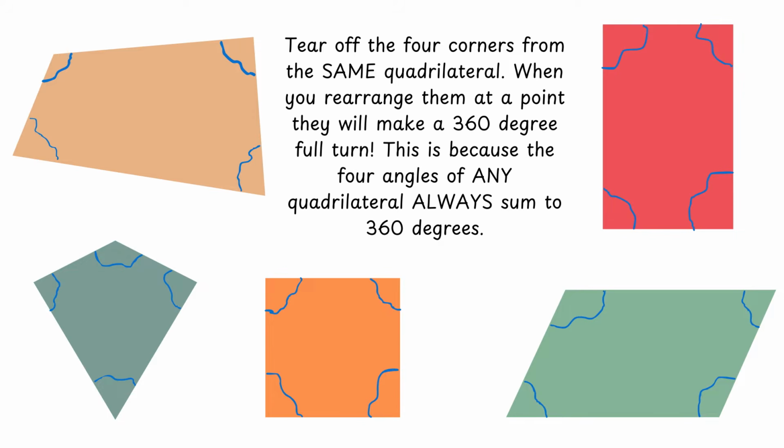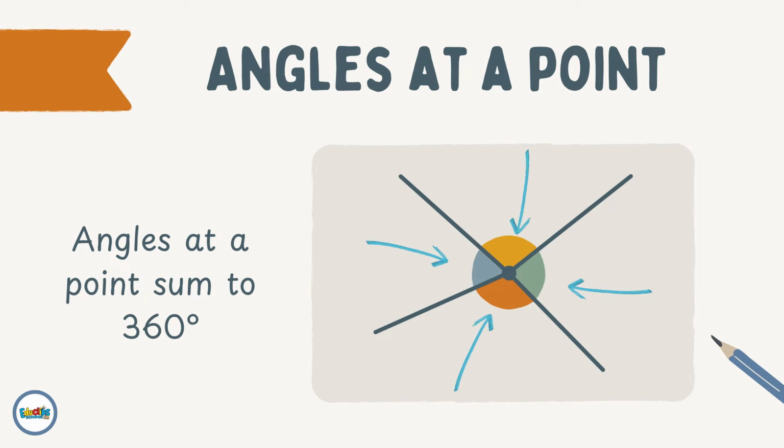This is because the four angles of any quadrilateral always sum up to 360 degrees. And here we can see what it would look like if we place those four angles of the quadrilateral around a point. It would make a perfect full turn of 360 degrees.